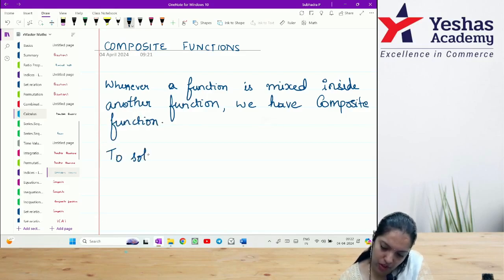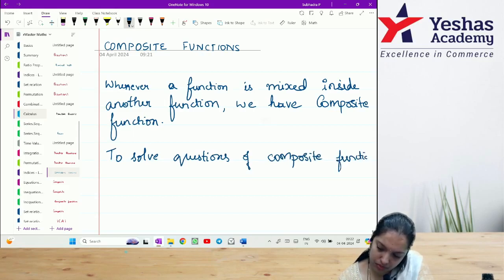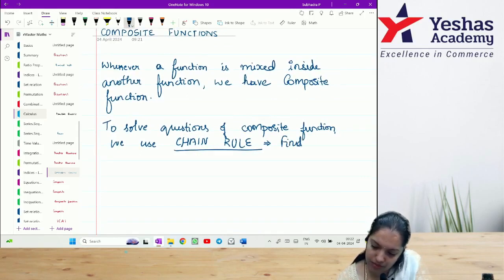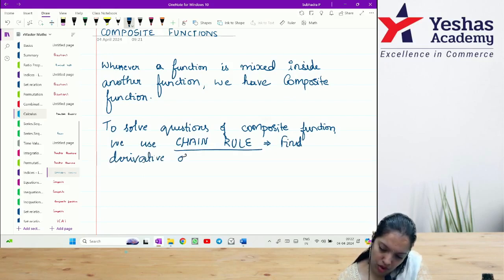To solve questions of composite function, we use the chain rule, which is: find the derivative of every function and multiply them.